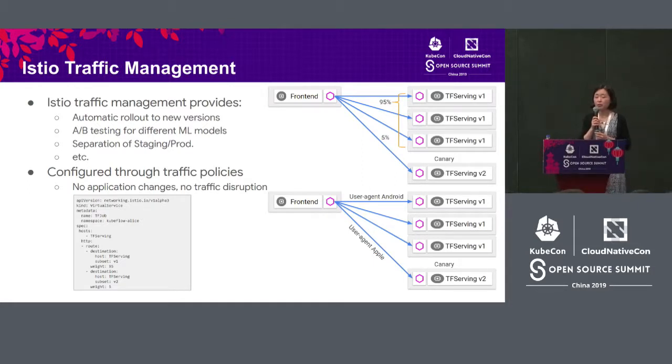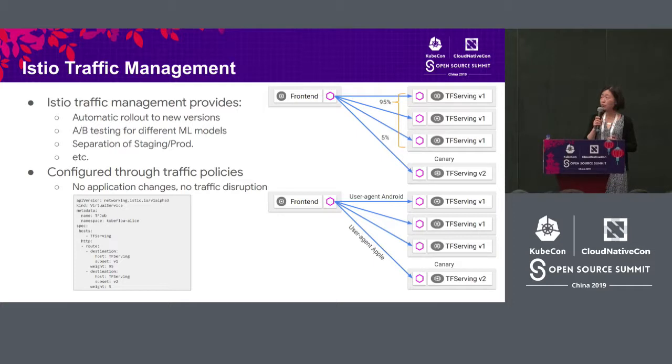Istio traffic management provides a lot of nice functionalities, such as traffic splitting, load balancing, retries, and failover. For example, you can configure policies such that the front-end namespace sends 95% of traffic to the V1 service, and the remaining 5% of traffic is sent to V2 workloads.